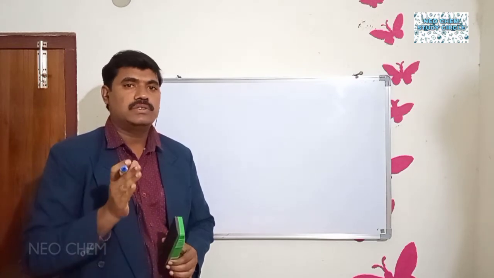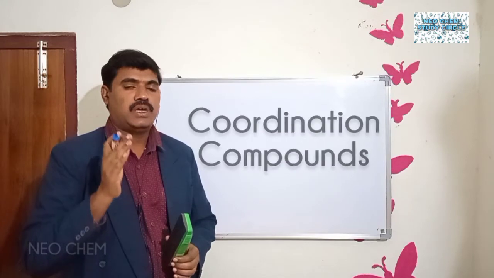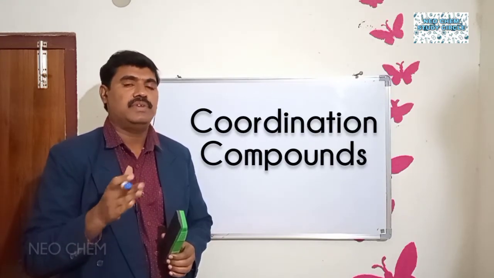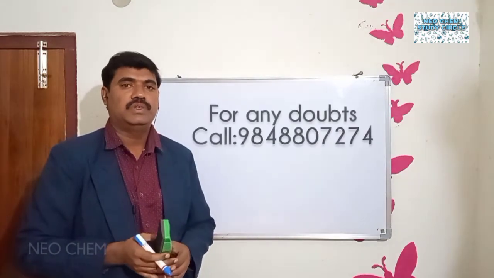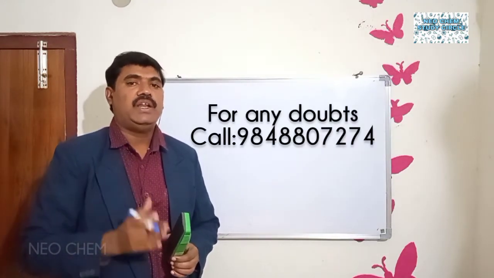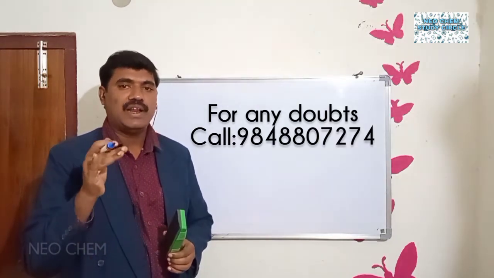Some students are asking me, sir, how to identify the oxidation number of the central metal atom in a complex compound. So today I am going to explain how to identify the oxidation number of the central metal atom in complex compounds.